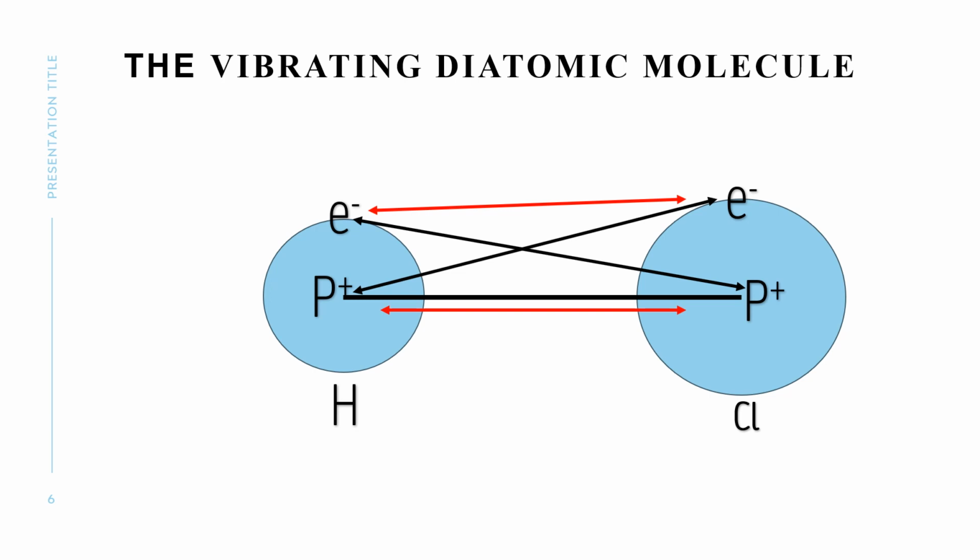This distance at which the atoms balance their forces, the attractive and the repulsive forces, is called the equilibrium bond distance, or the bond length.